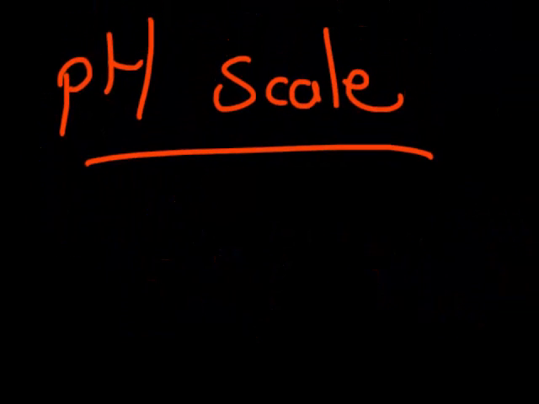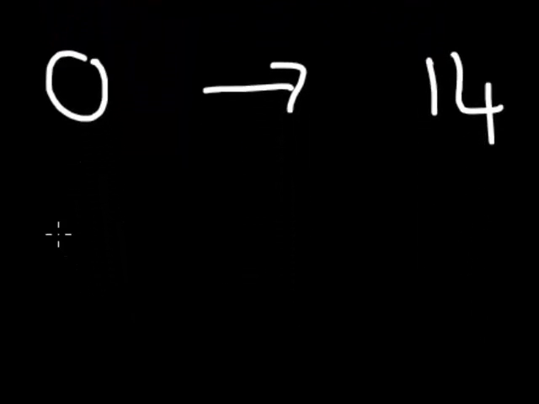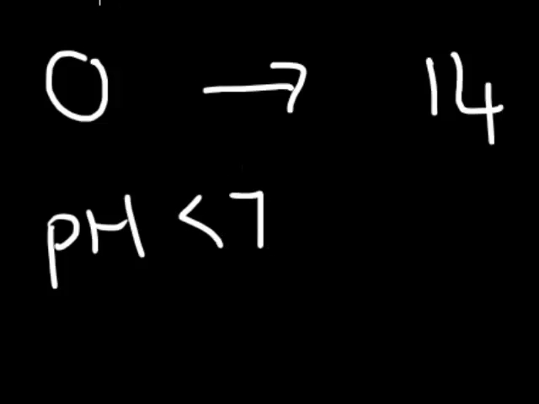Now let's go over to our pH scale. Our pH scale's value ranges from 0 up until 14. Now I'm sure from your grade 8 and 9 knowledge, you've realized that if your pH lies below 7, that basically means from 0 up till 7, we will have an acidic solution.